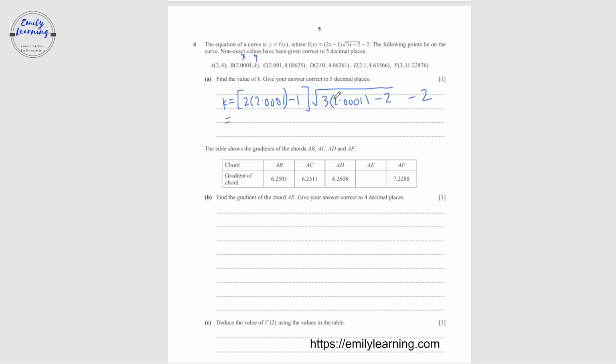So if you type it into a calculator, you should get 4.00063 when corrected to 5 decimal places.